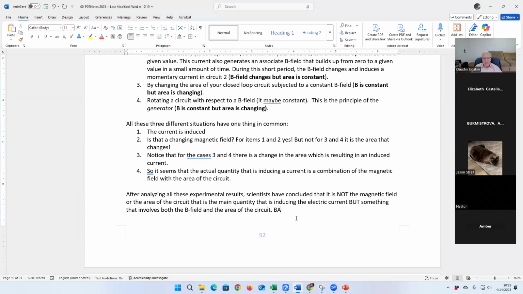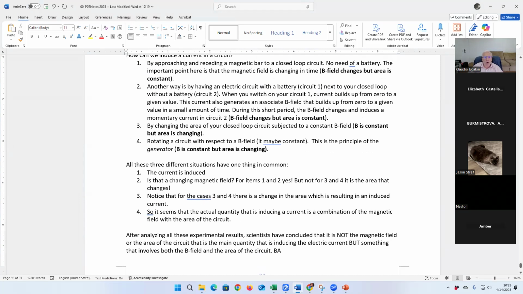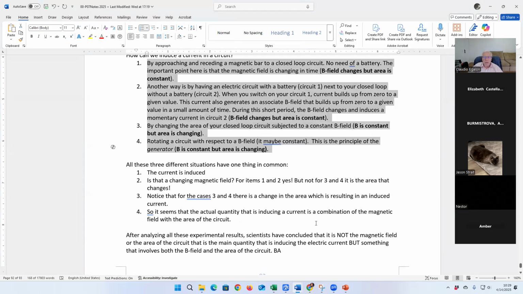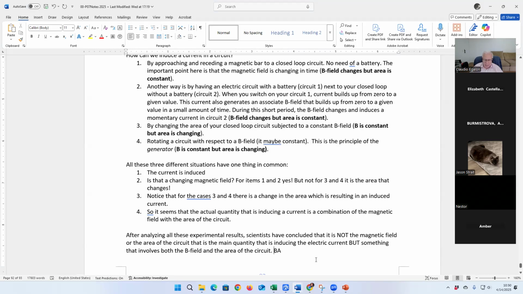If we create a new quantity called B times A, we can come up with an equation that will describe all those four instances in which the current is induced. And this quantity B times A has a name. It's called what? The magnetic flux.